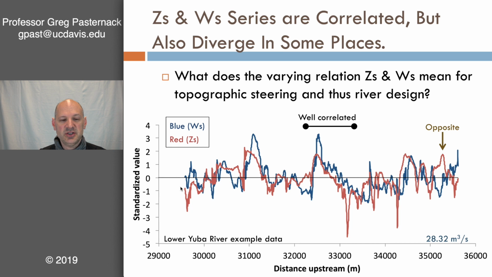Here I'm showing the two standardized spatial series. The red line is the detrended bed elevation series, and then the blue line is the standardized width series. What you can see is that these two things are going up and down pretty closely. They're not in perfect lockstep, but it's pretty darn close. It doesn't have to be perfectly correlated, and indeed there's one place where it's completely opposite.